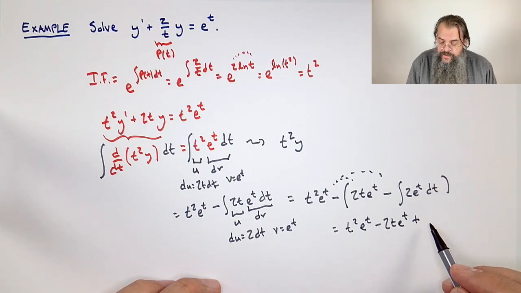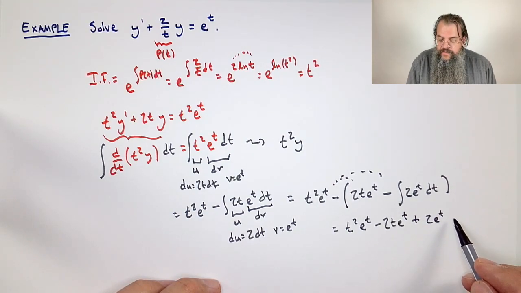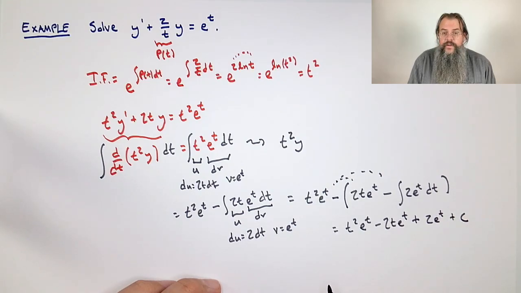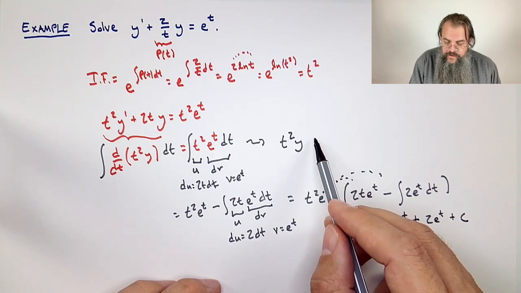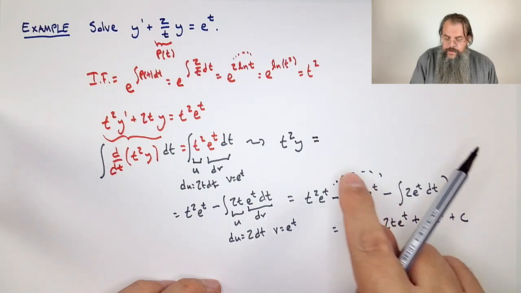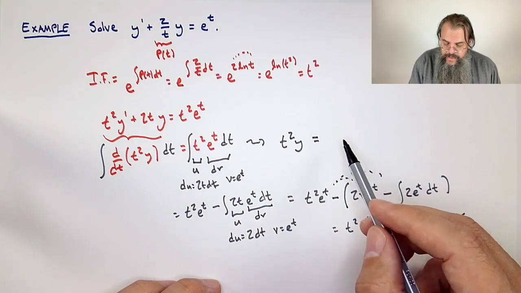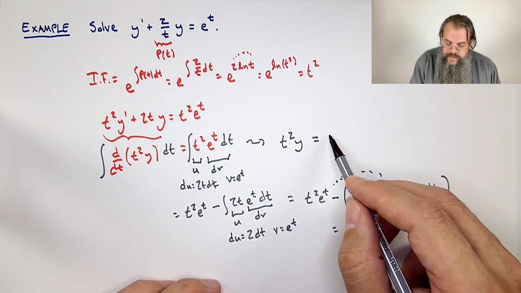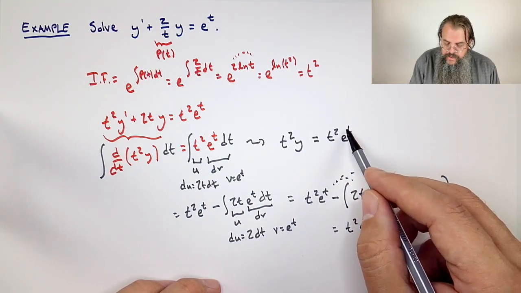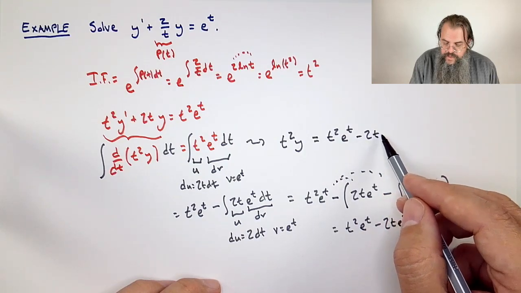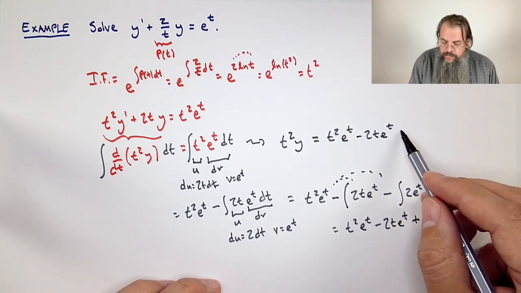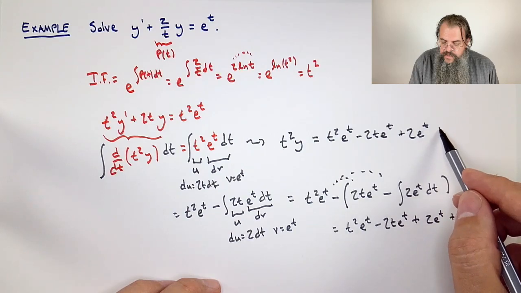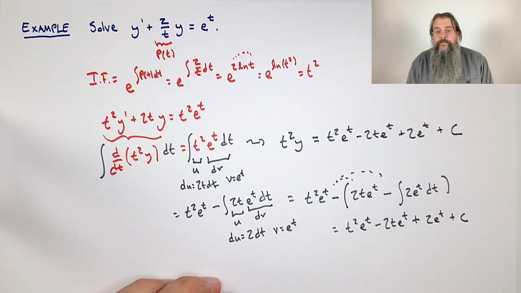And the integral of 2e to the t is 2e to the t. And of course, don't forget a plus constant c. So that is what comes over here. So we have t squared times y is equal to t squared e to the t minus 2t e to the t plus 2e to the t plus c.